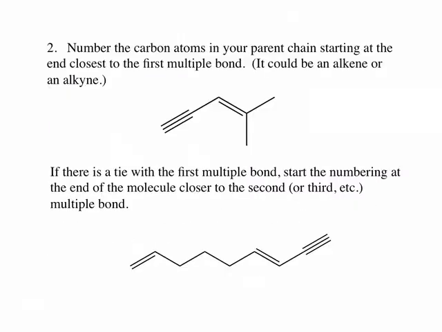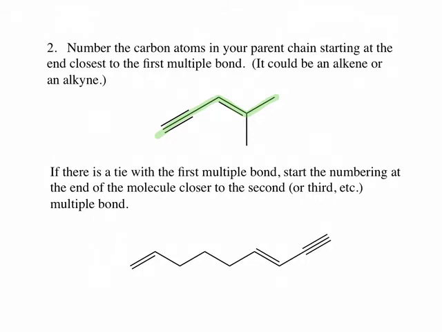Okay, so here we go with some practice, just in terms of identifying the longest chain and numbering it and whatnot, the different situations you could run into. So our first molecule, let's go ahead and identify the parent chain in the molecule, which would be that one right there. And in terms of numbering it, you're going to start out numbering the carbon atoms in your parent chain at the end closest to the first multiple bond.